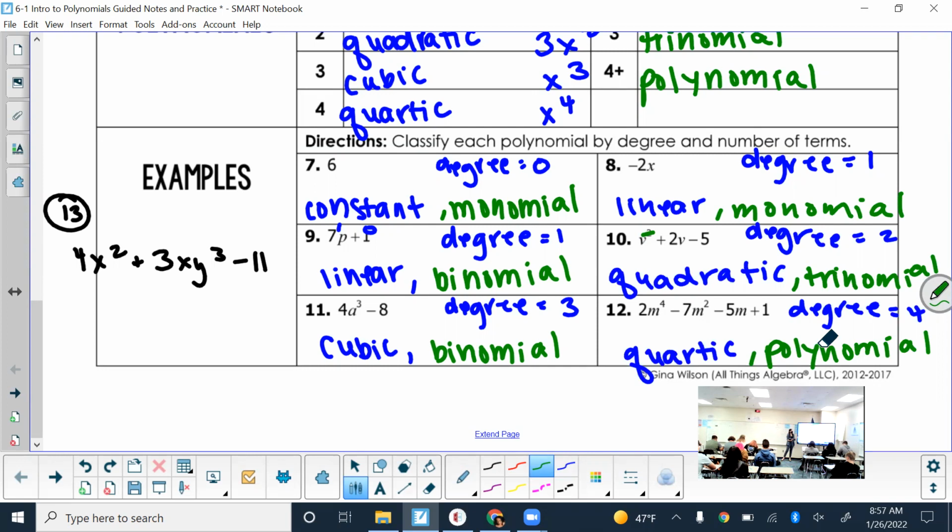So I put in an extra example here for you to fill in the free space. Number 13, I just added this in: 4x squared plus 3xy cubed minus 11. All right, look at each term and label what the degree of that term would be. So what's the degree of 4x squared?